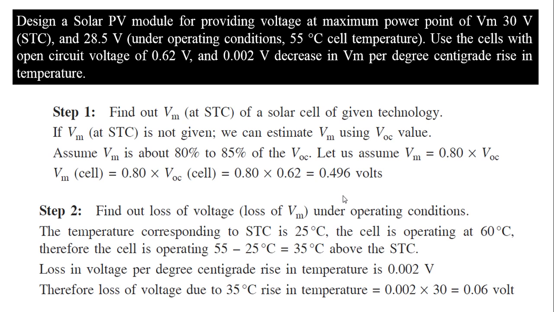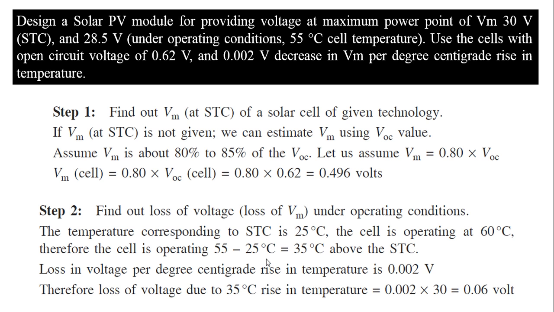Now the Vm of 30 volt is given for the module, but we are considering Vm for the cell, that is 0.496 volt. Now we can find out the loss of Vm under operating condition.